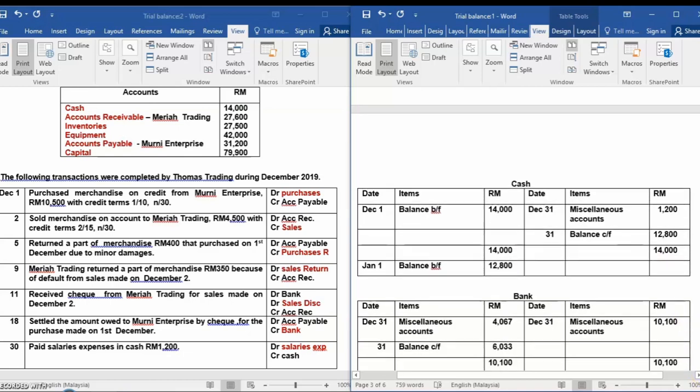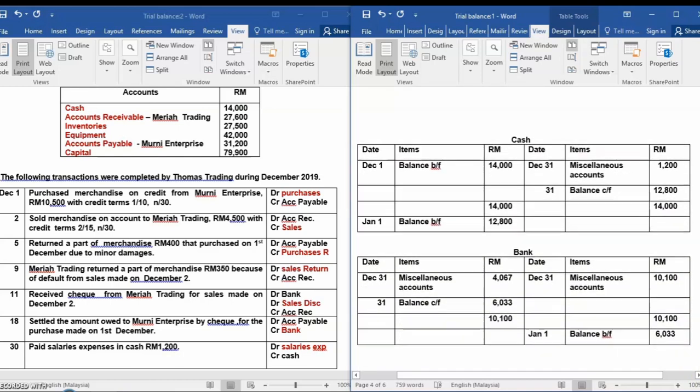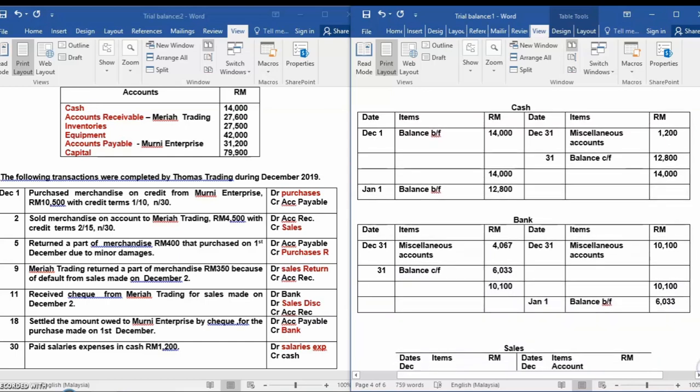For the next month bank account, we have to open a bank account. The debit side we get from the cash receipt journal, or we can look at the transaction for the debit side, this amount, and the credit side we got from the cash payment journal, or you can look at the 18th of December.